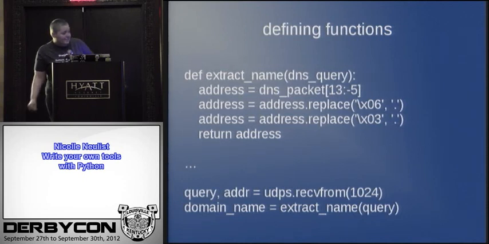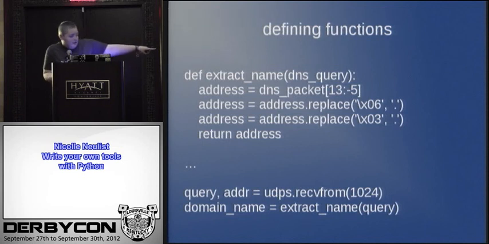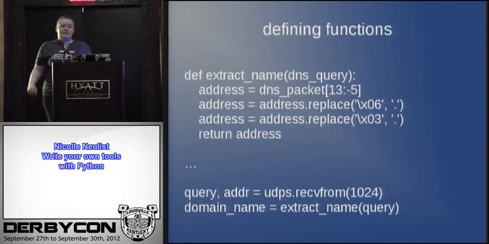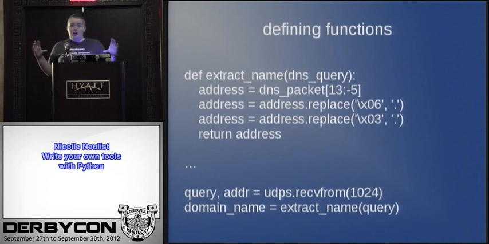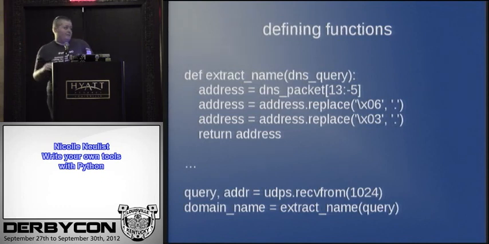And then query address, UDPS received from 1024. What receive from does is it gives you back a tuple, like I was talking about before, the immutable pair with the packet that it received and the address it received it from. Then domain name equals extract name query.